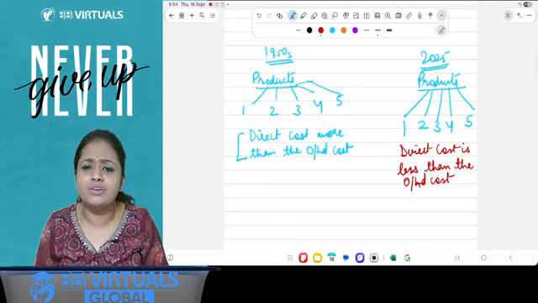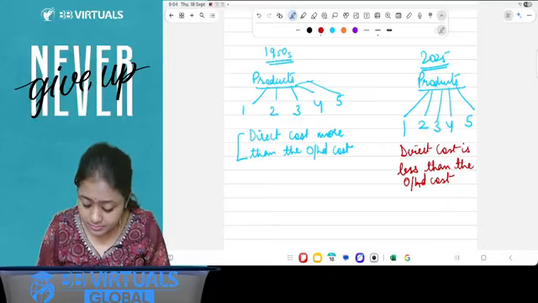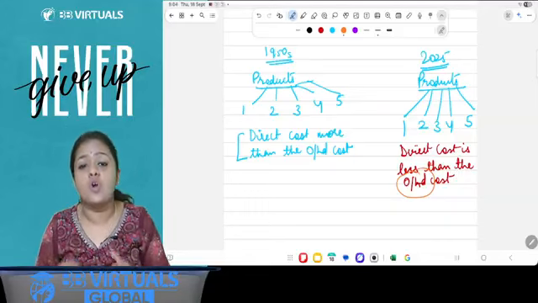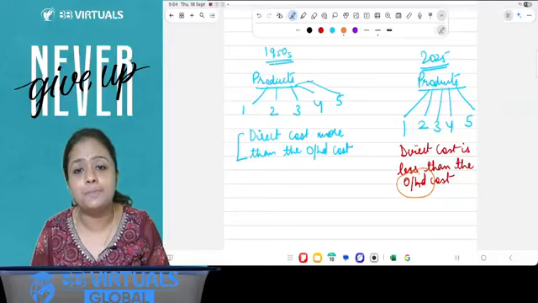Now you say, ma'am, why are you discussing this point here? I want to tell you that nowadays overhead is one of the most substantial costs in the costing of a product.